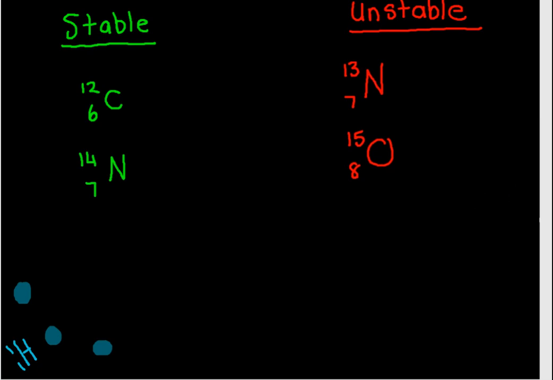atoms and some unstable ones in this whole process. Now, what happens to the stable ones is when they get lucky, they can absorb a proton. So remember, a proton is just a hydrogen, so they can absorb a proton.